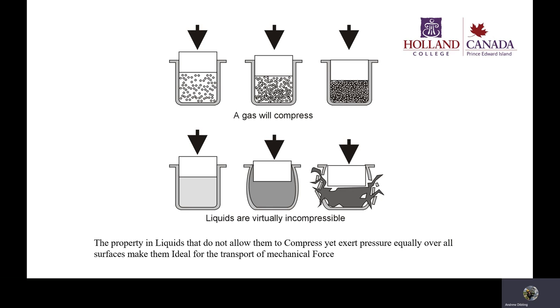Gases and liquids are both fluids. So are plasmas. Plasma is a little too hot to deal with in our realm of things, but gases and liquids you should be fairly familiar with. We've all blown up a balloon. We've all blown or sucked air out of a plastic bottle. So you understand the basics of atmospheric pressure.